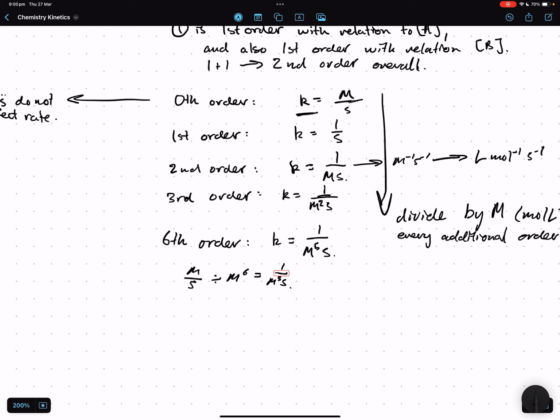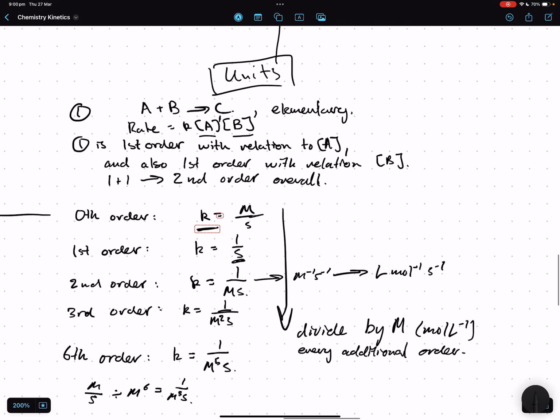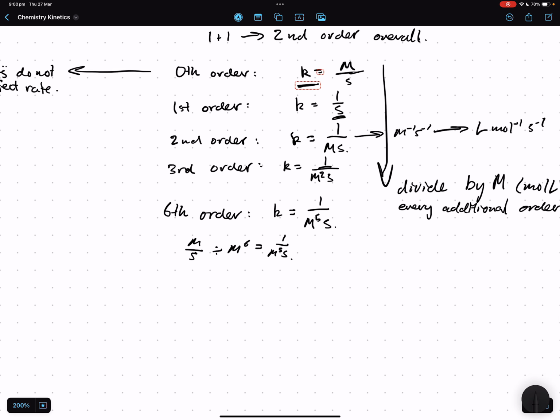There's always this time, because time always changes like rate. The rate constant has to make the rate make sense. So the rate can be in fairly random units sometimes, like meters, seconds, something like that.